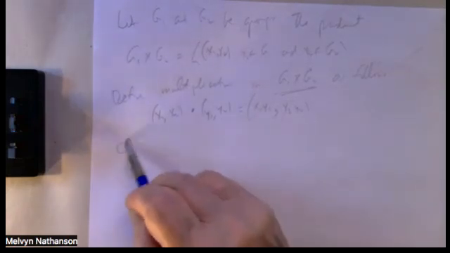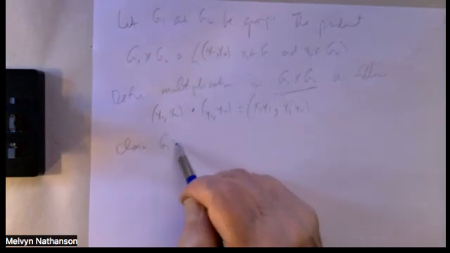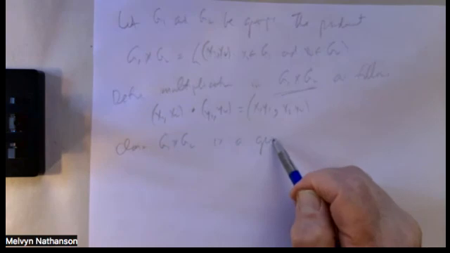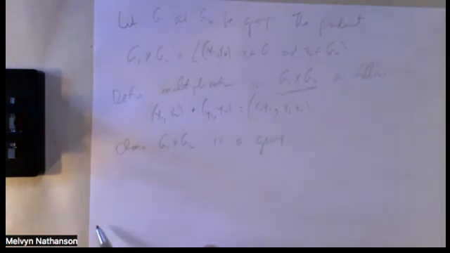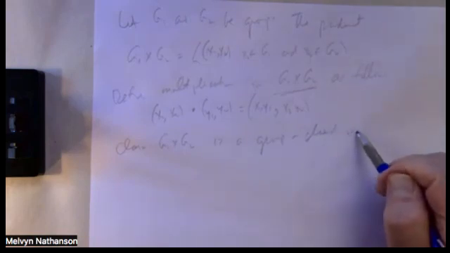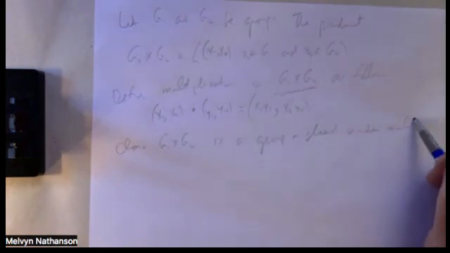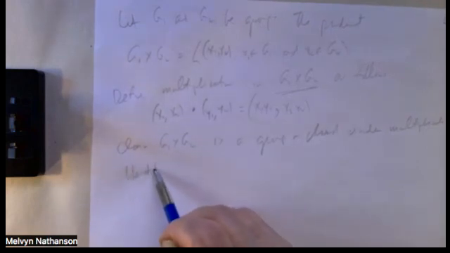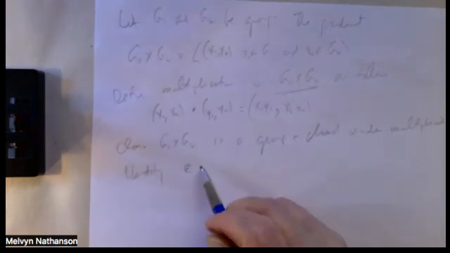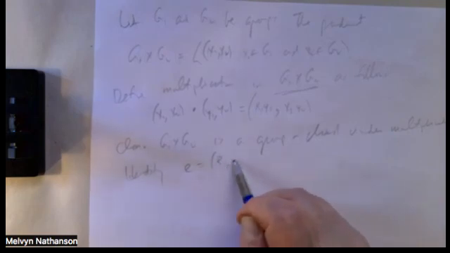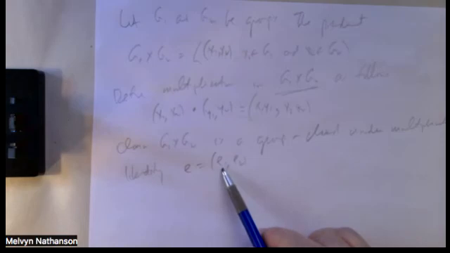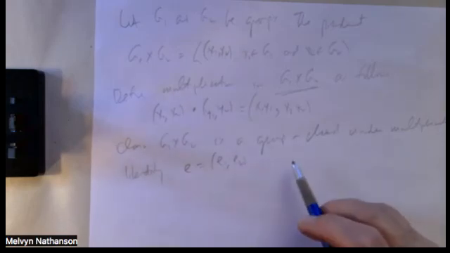So I claim G1 cross G2 with this binary operation is a group. So it's clearly closed under this multiplication. What is the identity? The identity E would be the ordered pair consisting of the identity in G1 and the identity in G2.